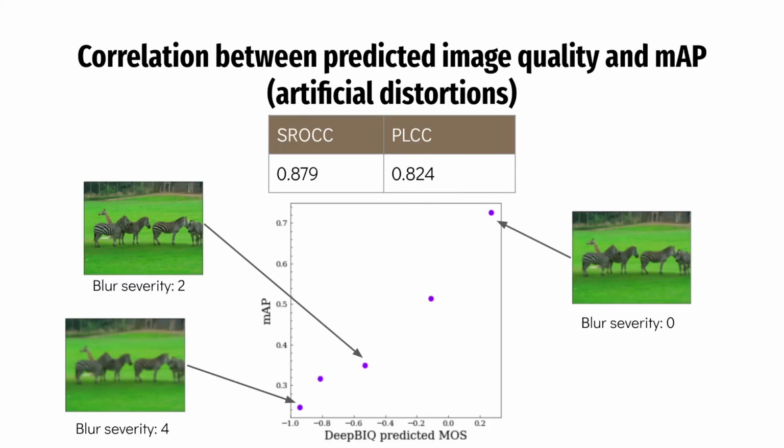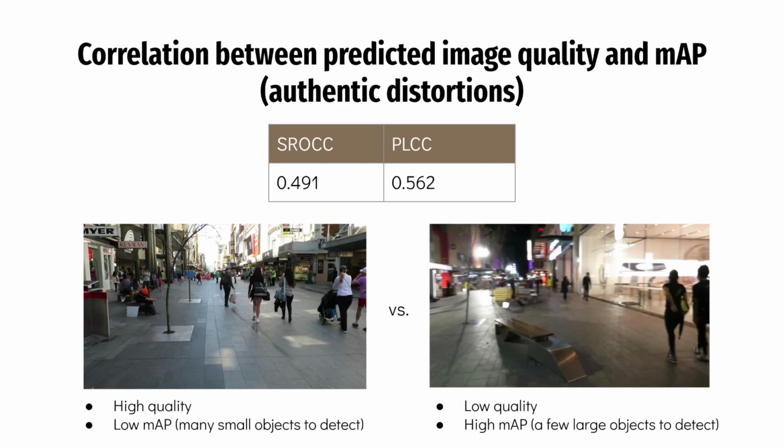For AR images, the correlation between mean MAP and predicted quality is very high, as shown by the SROCC and PLCC. For example, in the zebra images, we see that both the predicted quality and the MAP decrease as more Gaussian blurring is added. For AU images, however, the correlation is not as strong.